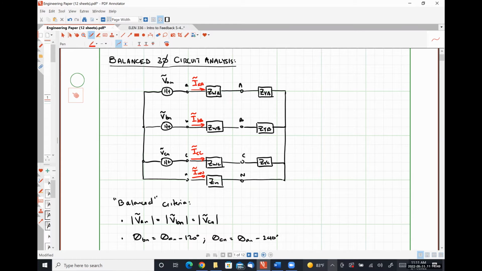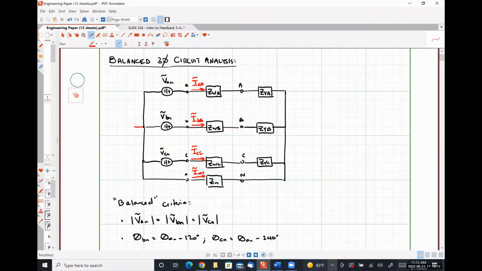Okay. So these are our 4 currents of interest. And what we are going to do is assume that our source side neutral node is going to be our reference voltage.